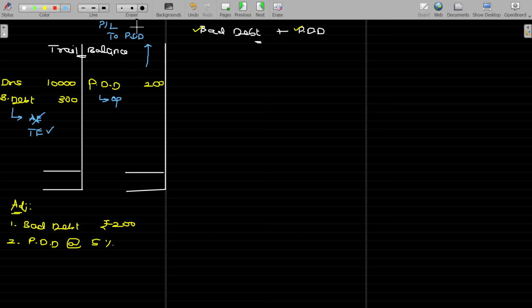You don't bother about that, but you have to think how this 200 could have arisen. The 200 arose because of the transfer from the P&L account to PDD in the previous year.